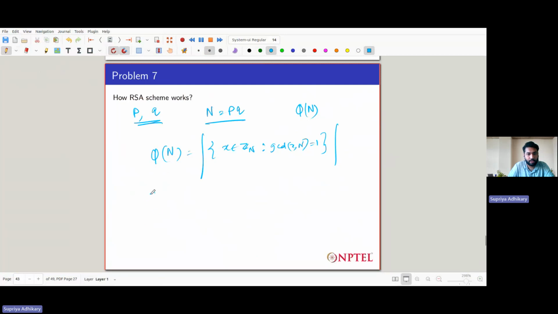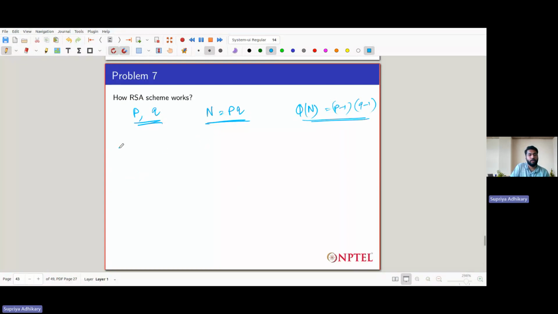Now if p and q are prime numbers, then phi n can be calculated as (p minus 1)(q minus 1). So this is our phi n. Now to generate the RSA parameters, first we have to sample an element E from Z phi n such that GCD of E and phi n is 1.